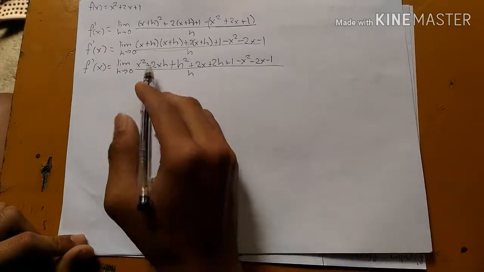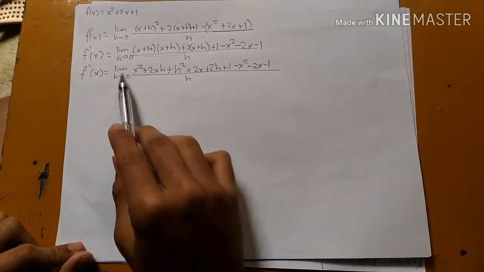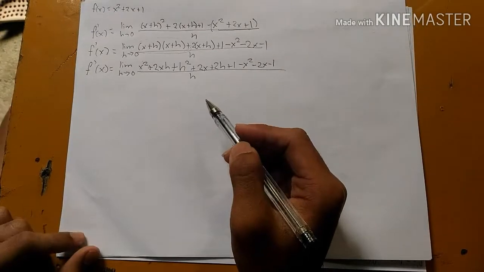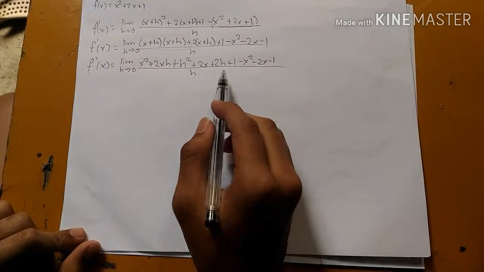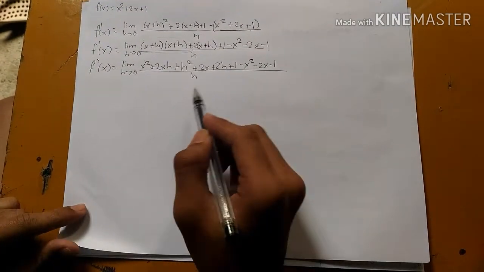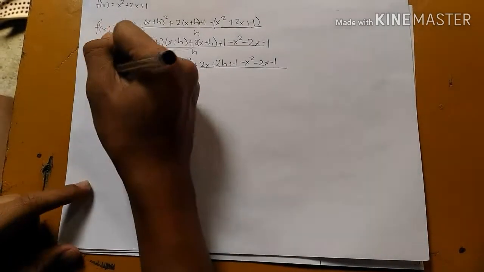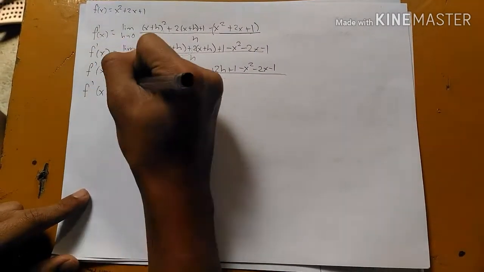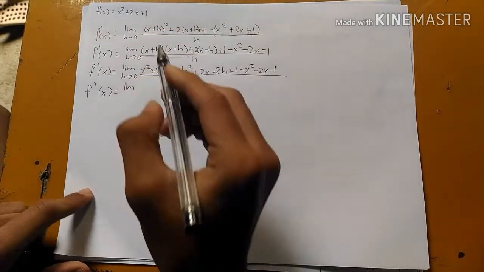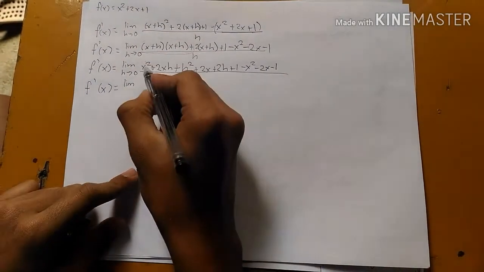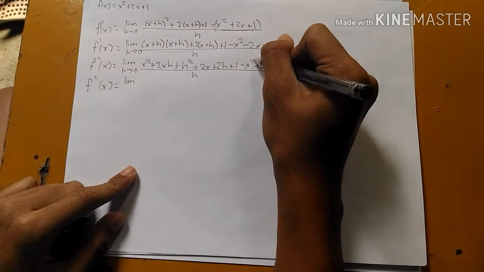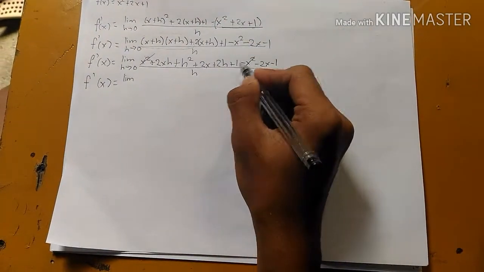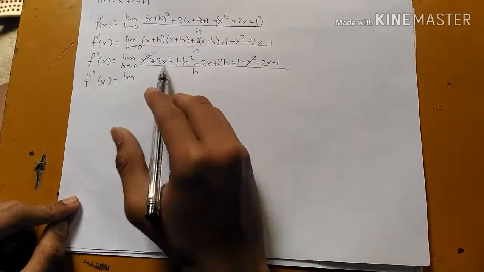Next, we have to cancel out all the terms that are the same with different signs because they'll just become 0. So next, f prime of x is equal to the limit of, this one will be cancelled out, the x squared and the x squared, because they will just become 0.